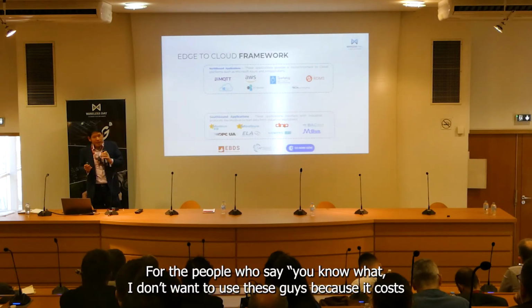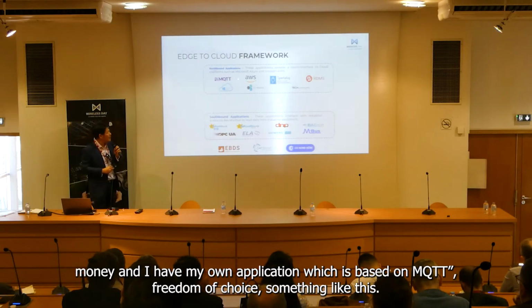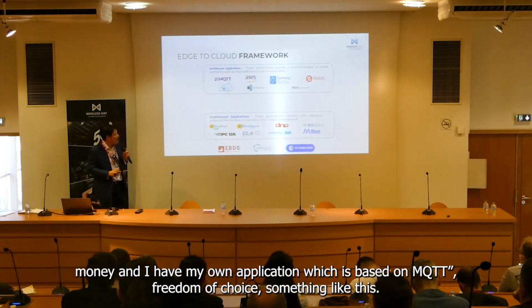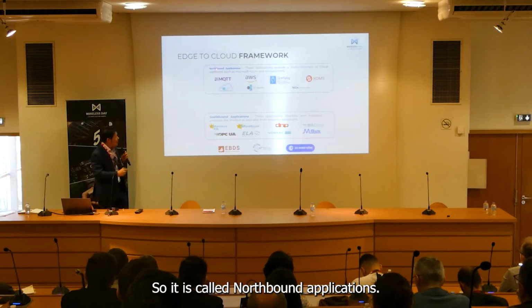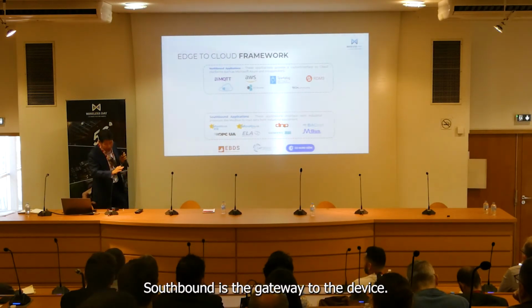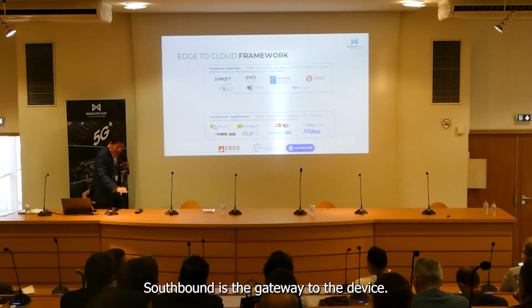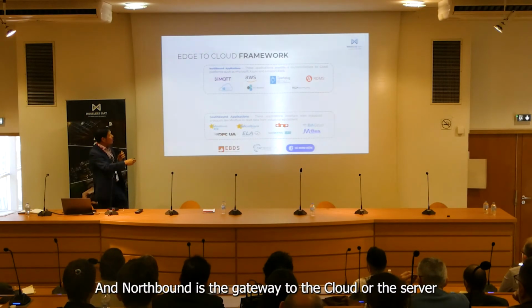And for the people who say, you know what, I don't want to use this because it costs money, I have my own application, which is based on MQTT, freedom of choice, something like this. So this is called the northbound application. Southbound is from the gateway to the end device, and northbound is from the gateway to the cloud platform or the server.